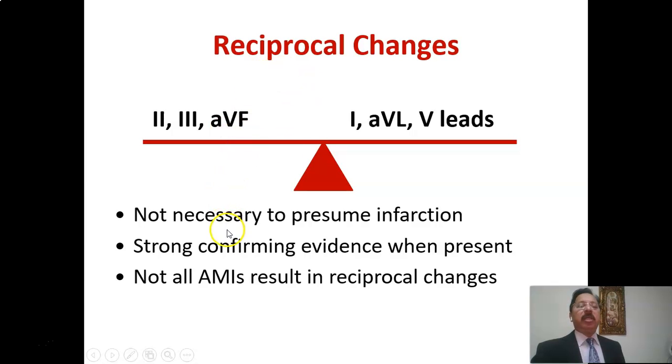The reciprocal changes are not necessary to presume that the patient is suffering from myocardial infarction, but once they are present, they give strong confirmation that myocardial infarction is there. And not all acute myocardial infarction results in reciprocal changes, but once they are present, they are extremely significant.